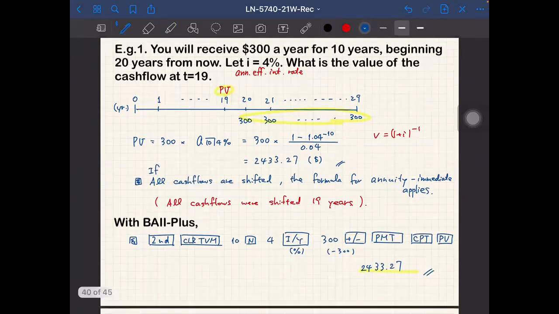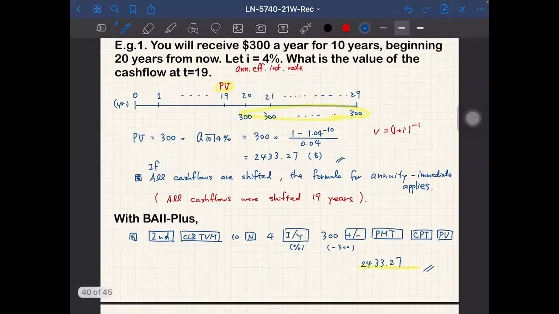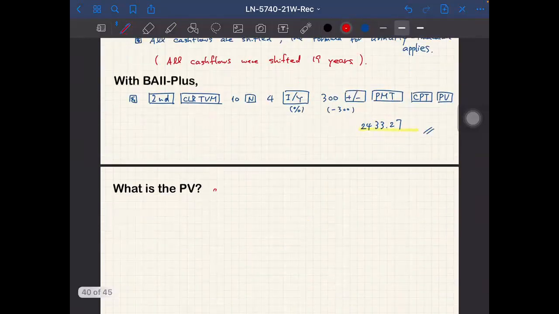Okay, so this is how to solve this question. And how about the PV? It's a little bit confusing, but the PV at 19, so maybe I would say this is PV sub 19. Now we want to calculate the present value at time 0. Then how do we do that?